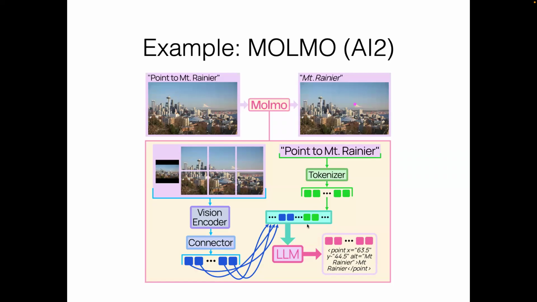Then they're giving it to a language model. It has some text tokens as well, like point to Mount Rainier. And then it's trained to output some text. So here it's outputting text that says point, and some coordinate. Then you can visualize that coordinate on the image, and the model has now learned to point to things in images.